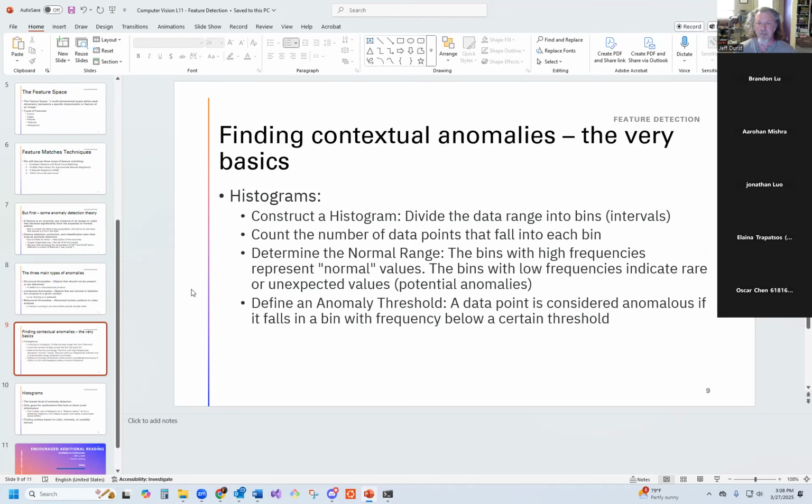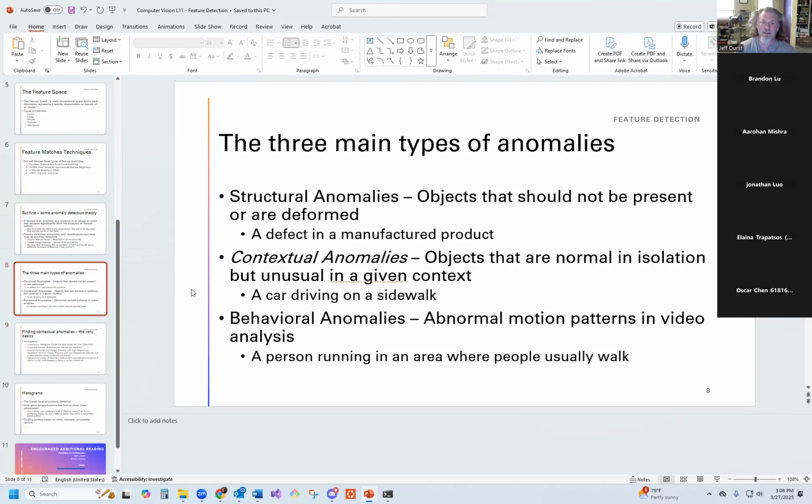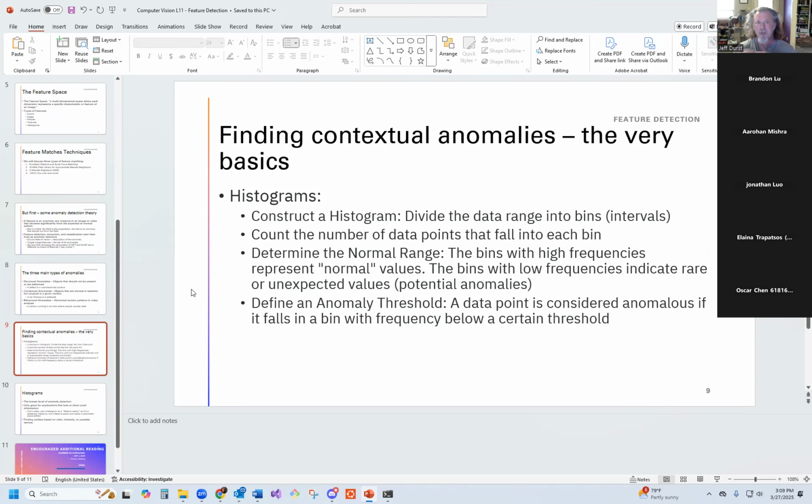And so this is what I mean by the broader context of the image, right? When we're looking at this contextual anomaly, if we create a histogram of everything in the image, then we've binned it all and found our normal range or normal distribution. That essentially is the normal context of the image.